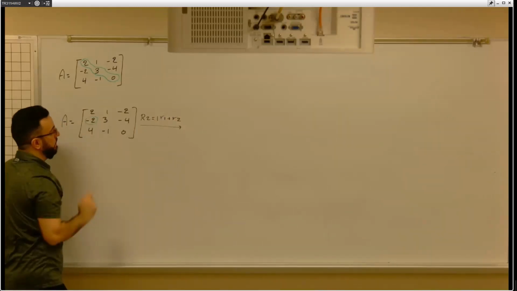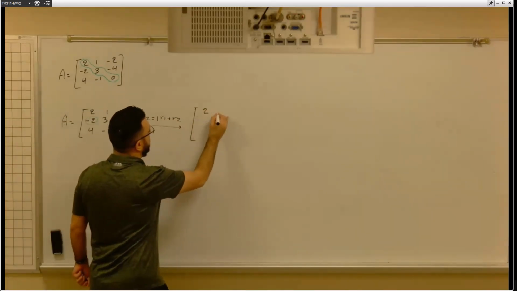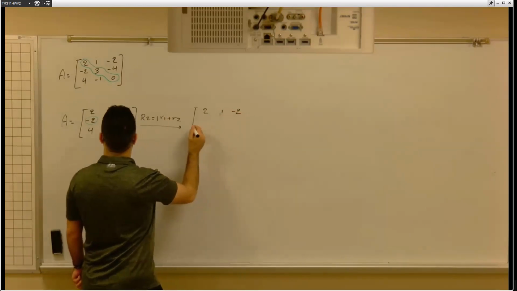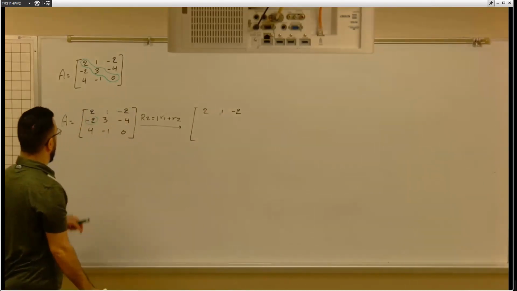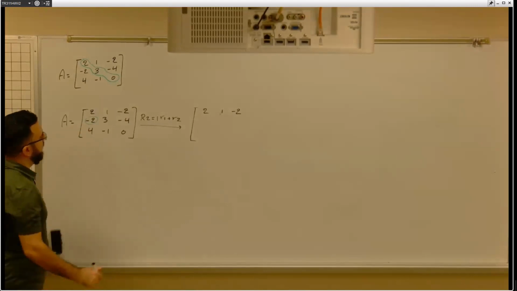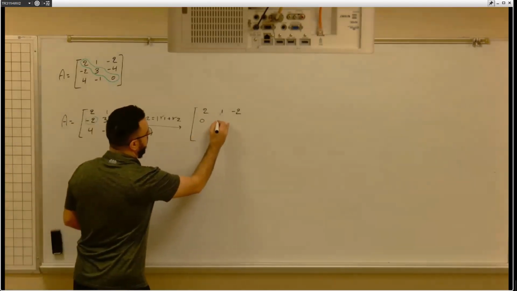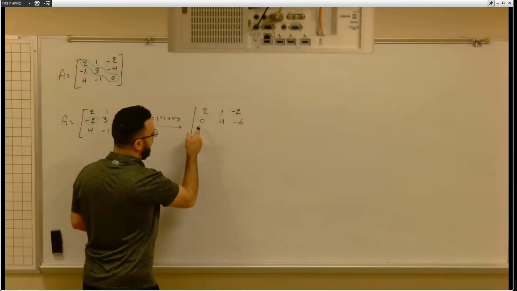So the new matrix: the first row is going to be the same, 2, 1, -2. In the second row, 1 times 2 plus -2 is going to be 0. 1 times 1 plus 3 is going to be 4. 1 times -2 is -2, plus -4 is going to be -6. That's my goal: convert this number to 0. I'm not going to care about the rest of the numbers.